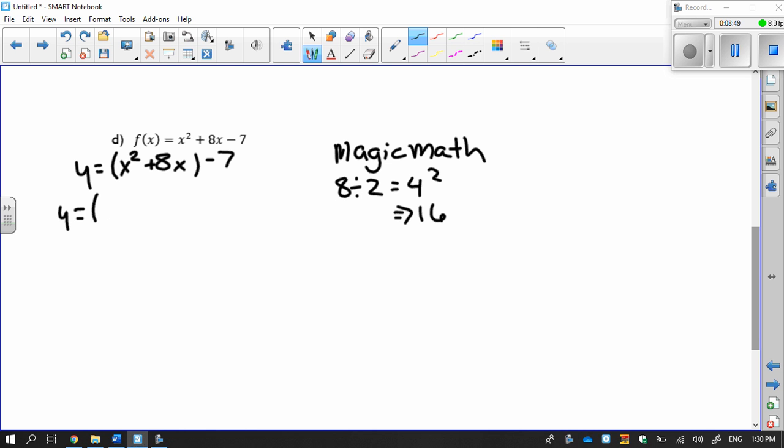Y is equal to x squared plus 8x plus 16 minus 16, close the bracket, minus 7.